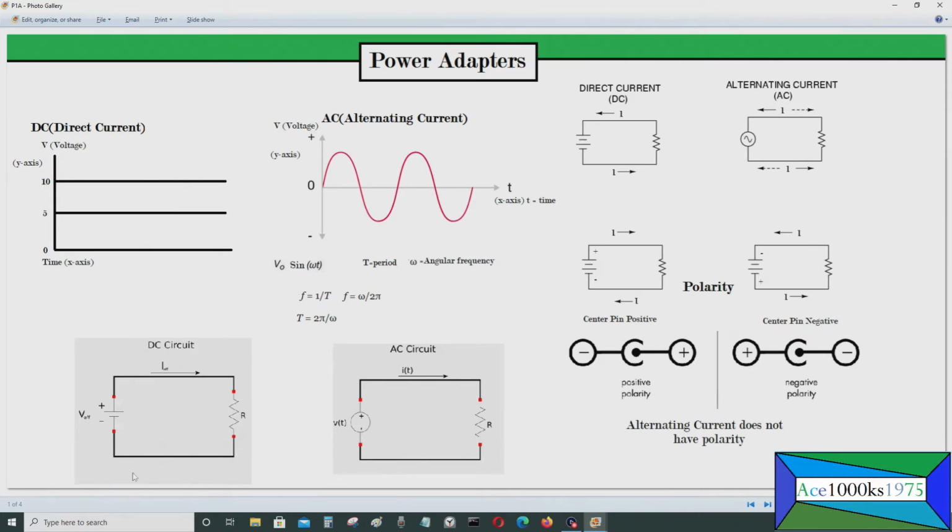And AC is alternating current, and this is a little bit different. It doesn't just go straight through. It goes like this. It's positive and negative, positive and negative, and positive and negative. It kind of fluctuates all the way around.